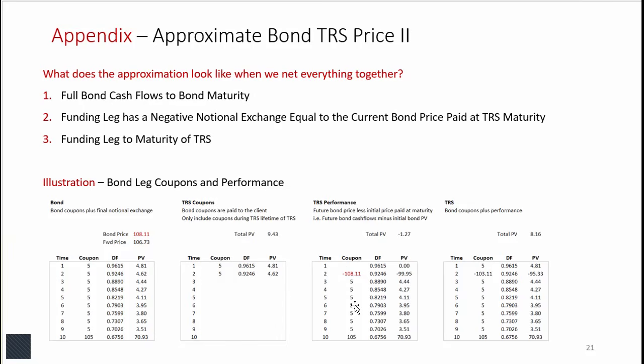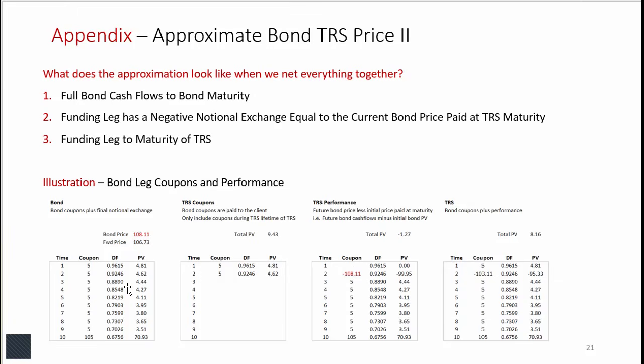Now, how would I represent that from a cash flow perspective? From a cash flow perspective, what we did in effect was we priced all the cash flows of the bond and we inserted a bond fixing on the payment date of the performance.